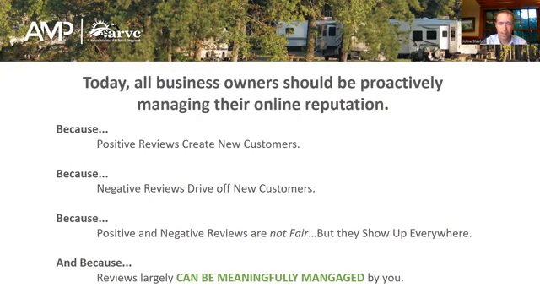It's great to get a pat on the back. It's a really terrible feeling to get flamed online by somebody who left a lot of beer bottles at their campsite and then knocked over your exit post as they pulled out the next morning, and you find out that person wrote you a 2-star or 1-star review. Everybody's been there, and there isn't anything that's fair about that.